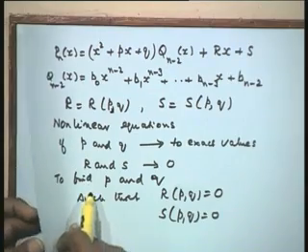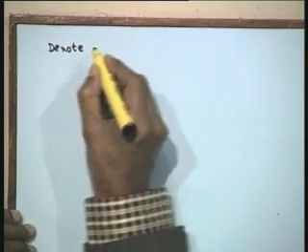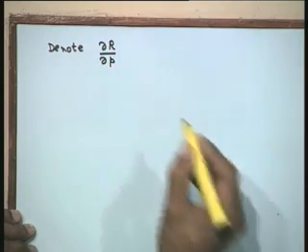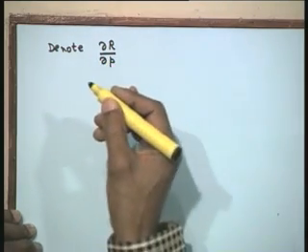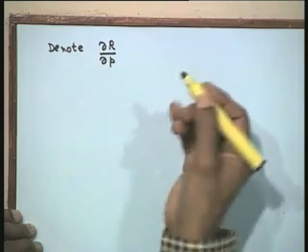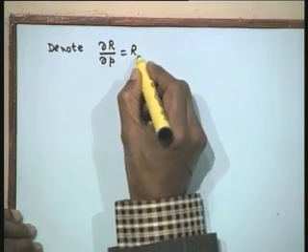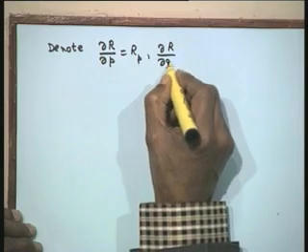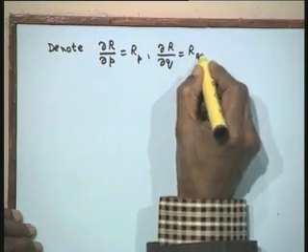Now, let us denote the partial derivatives by simple notation, so that it is easy for us to write down the solution for this. We are talking of a function of two variables, therefore we shall be talking of the partial derivatives of r and s. Let us denote delta r upon delta p by r suffix p, delta r upon delta q by r suffix q.